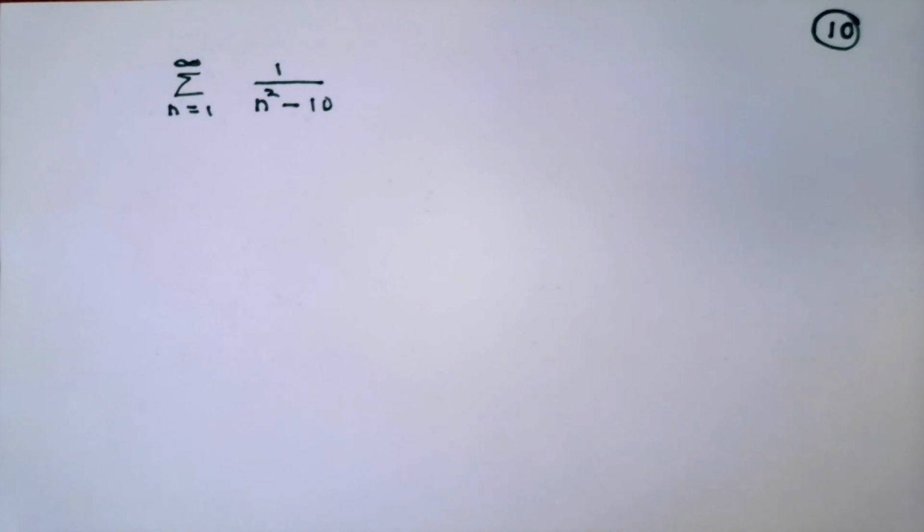So let's go back and look at the sum n equals 1 to infinity of 1 over n squared minus 10 again. After a while, all of those terms are positive. And also, as we mentioned previously, after a while, there's a very strong resemblance to 1 over n squared. So what we'll do is use the limit comparison test.